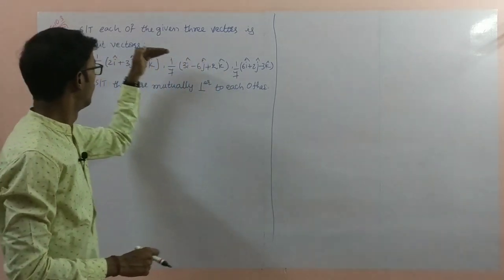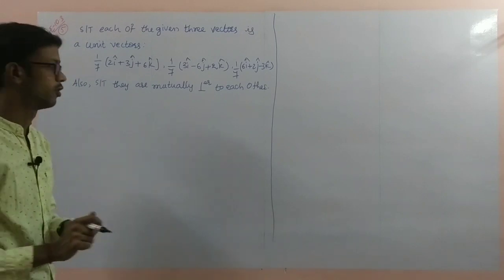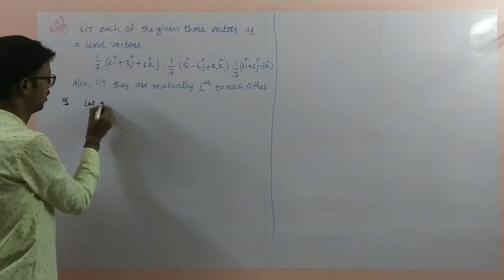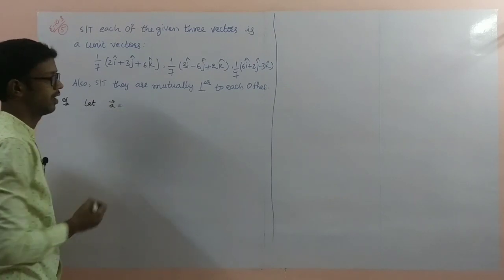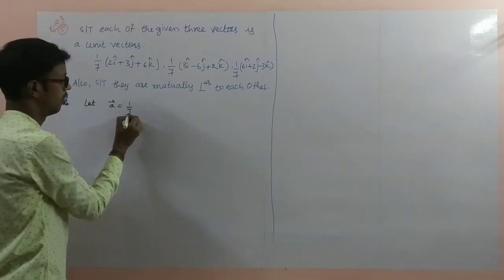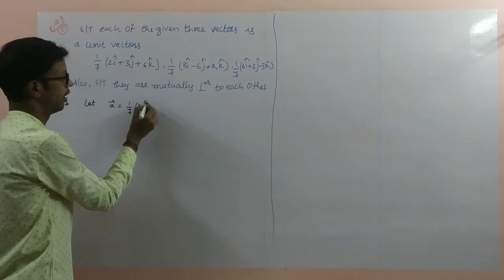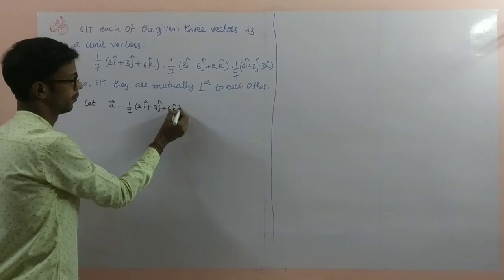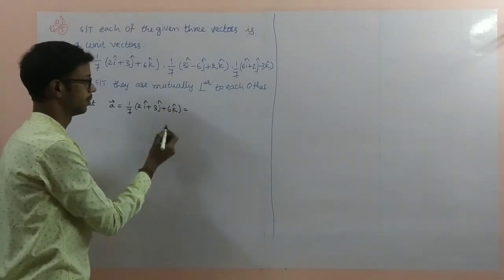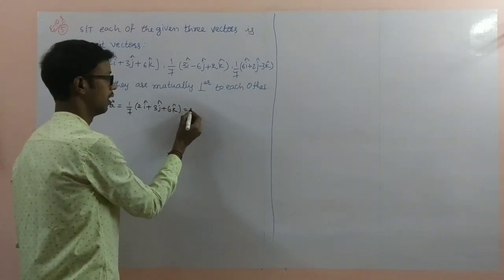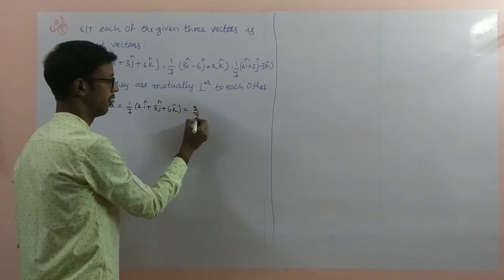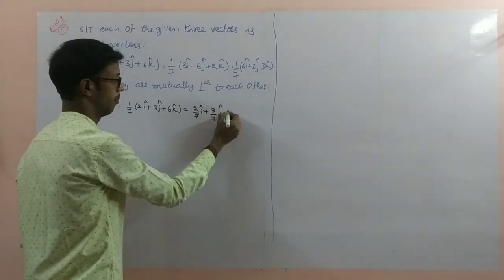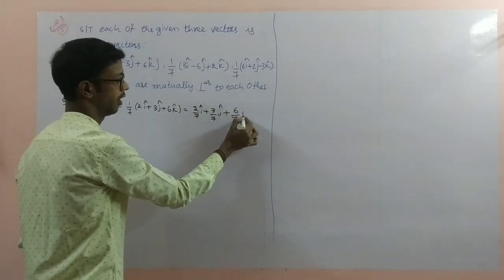First of all, we will finish the first one. We will show the unit vectors first. Solution: let the given vectors be A bar equal to 1 by 7 times 2 i cap plus 3 j cap plus 6 k cap, that implies A bar equals 2 by 7 i cap plus 3 by 7 j cap plus 6 by 7 k cap.